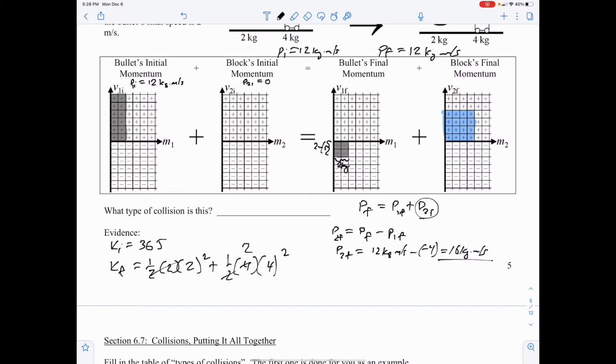So that's 2 times 16, which is 32 joules. There we go. So we got 32 plus the 4 equals 36. Kinetic energy is conserved. That makes this an elastic collision.